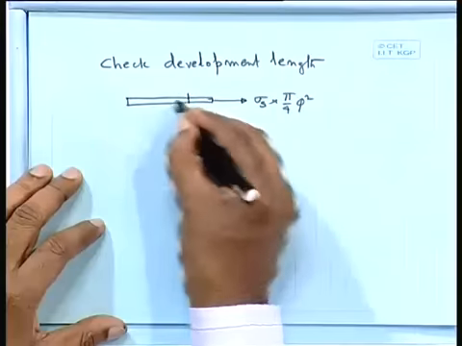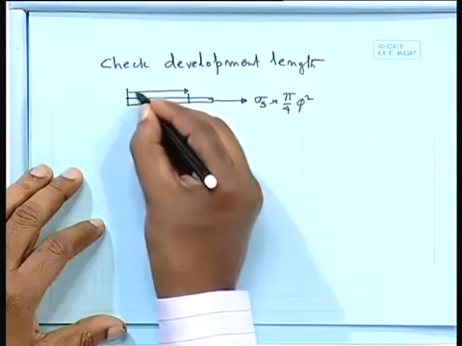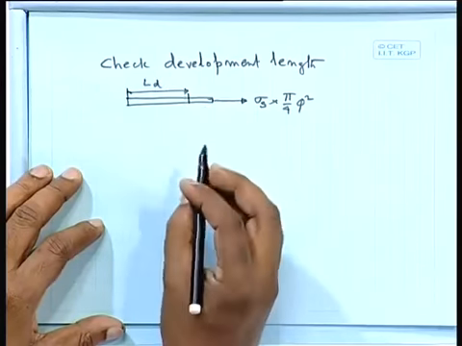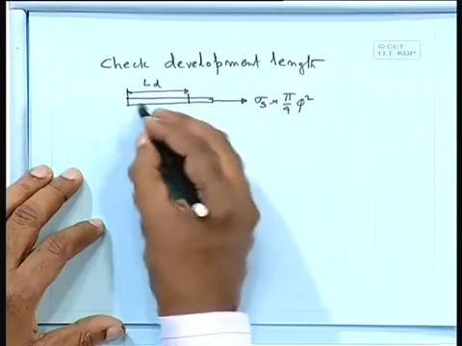So now what should be the length? Here if this one we call it ALD, what is the area?